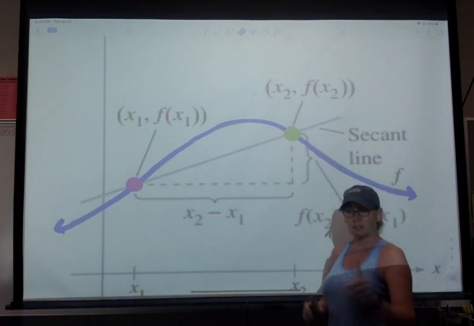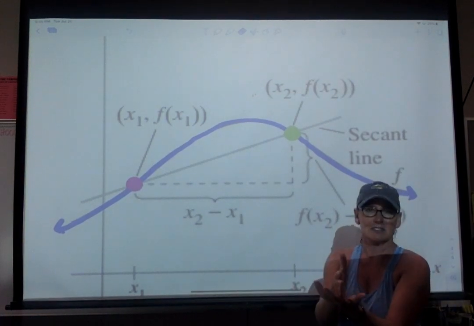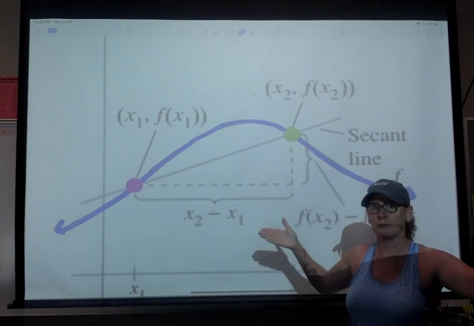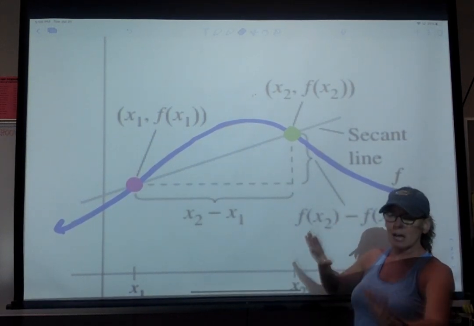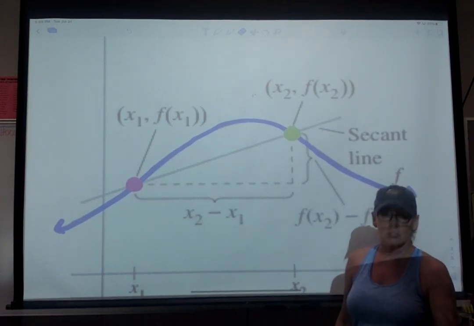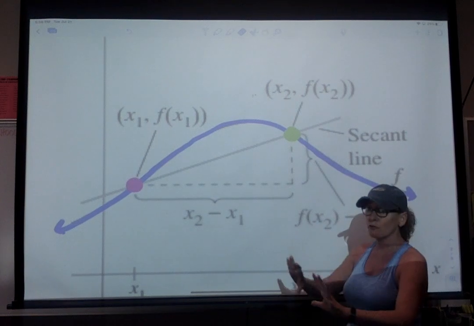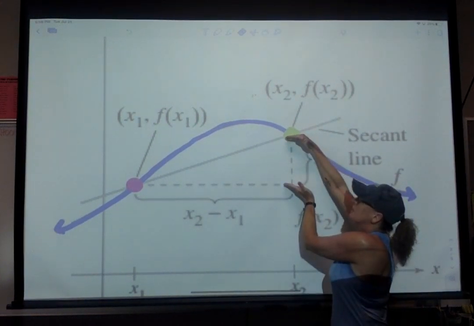But I'll say, okay, that's good. But overall, don't even get that specific. Overall, what happened from pink to green? Overall, like on average. You could say, well, from the pink point to the green point, overall, the blue function only went up that much.